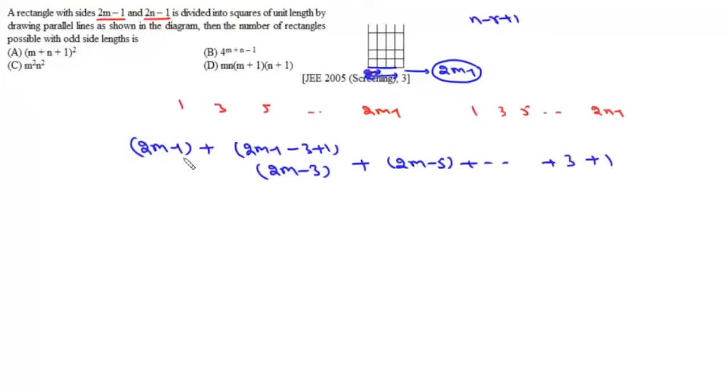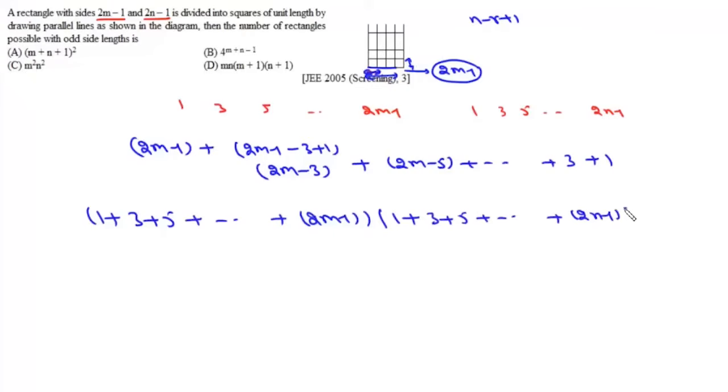So all possible combinations of choosing odd lengths from these 2m minus 1 are given by 1 plus 3 plus 5 up to 2m minus 1, and in the same way along this side all possible odd combinations are 1 plus 3 plus 5 up to 2n minus 1.